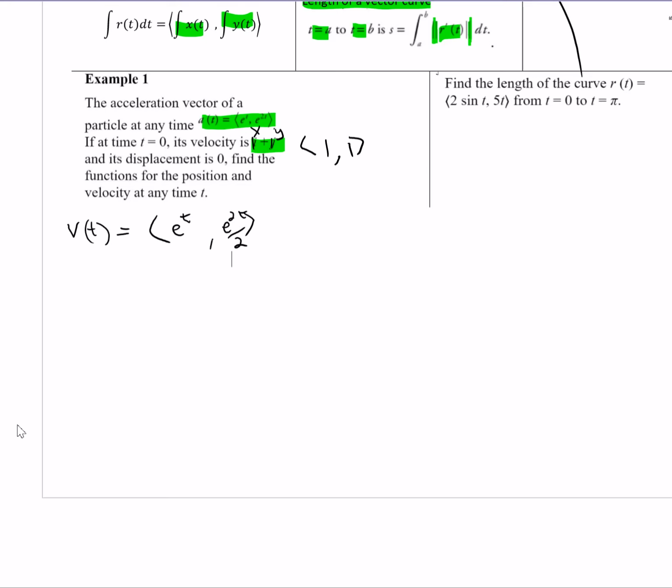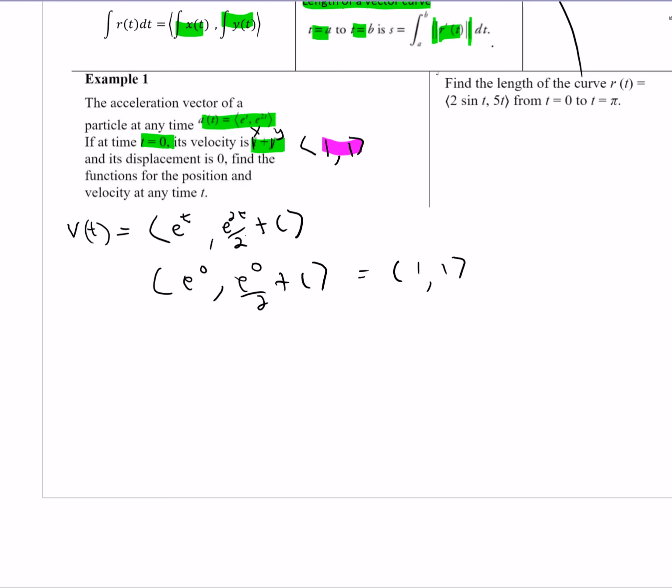And then we have to remember that there would be like a plus c in there somewhere. Because that plus c is going to come on this piece here. And the idea is we know that at time t equals 0, we should be getting this vector, 1, 1. So, which means if I plug in 0, I need this vector to turn into 1, 1.